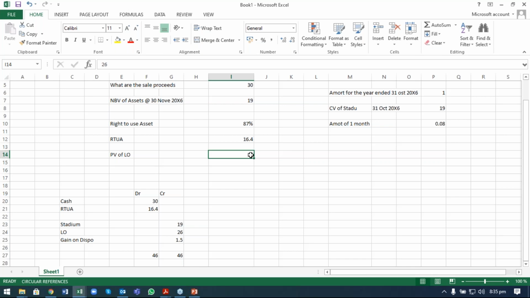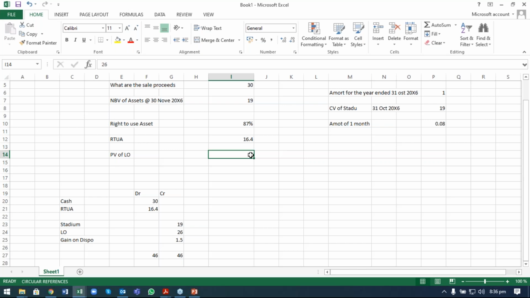Substance over form means what? The legal nature of a transaction versus the economic nature of a transaction. What is legal nature? Legal nature is you have sold out the asset, but economic nature is you have not sold out the whole asset, you have sold out a portion of an asset. Because of the nature of the asset, you cannot break down the stadium into portions, but you can break out its useful life into portions.